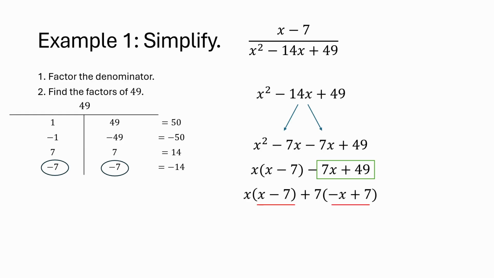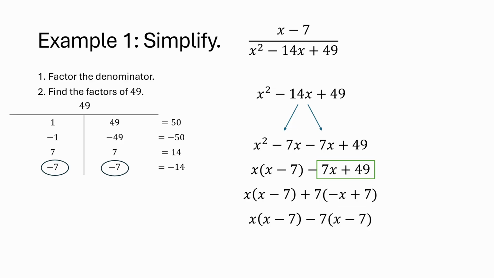So what I'm going to do is factor a negative out of the second binomial, and instead of bringing out a positive 7, I'm going to bring out a -7. When I do that, I'll have an x minus 7 in the parentheses because I factored out a -7 instead of a positive 7.